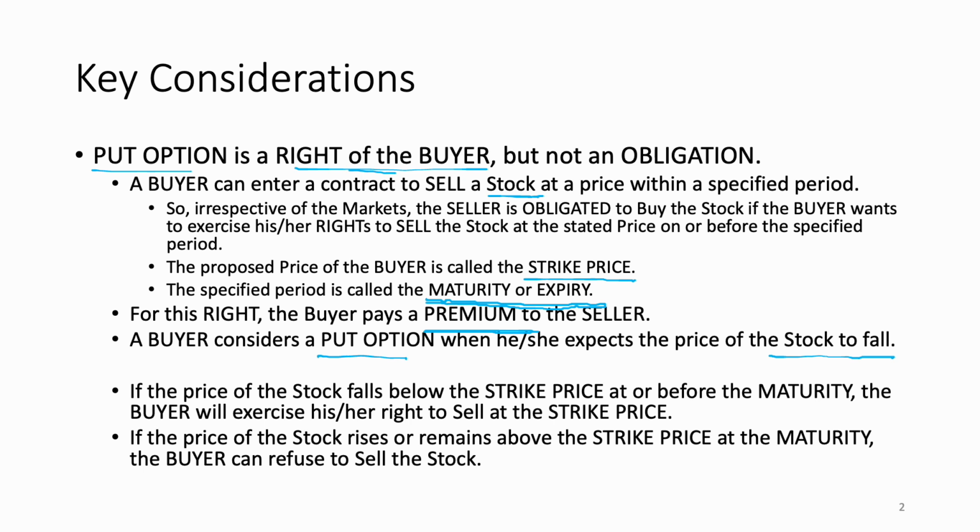If he expects that the price of the stock will fall, then the buyer will enter into a contract for the put option. If the stock price falls below the strike price, then the buyer will definitely enforce the put option. If the price rises above the strike price or remains around the strike price, he will not exercise this put option. We will see this through an example.